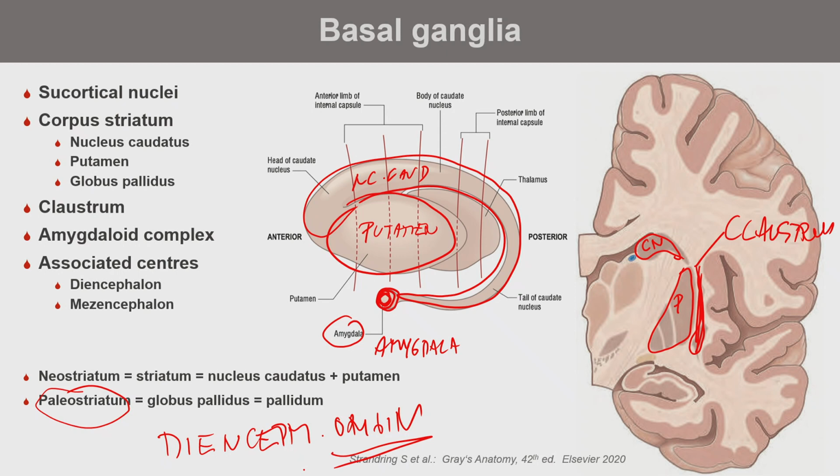The second is called neostriatum. Neostriatum is a putamen and nucleus caudatus, and they are a real part of the telencephalon. The rest, the amygdaloid complex, could also sometimes be known as archistriatum.